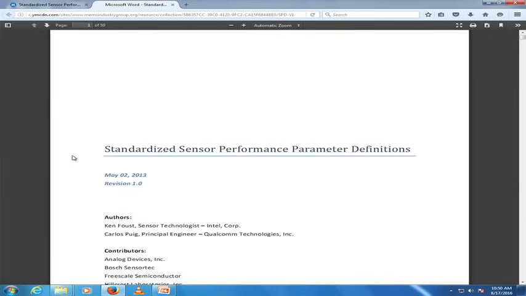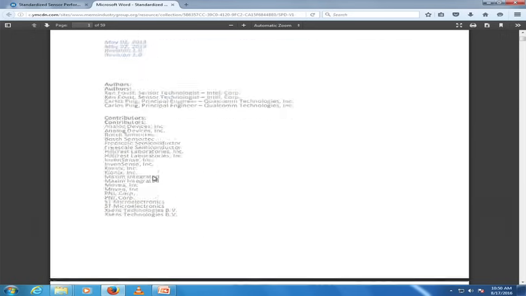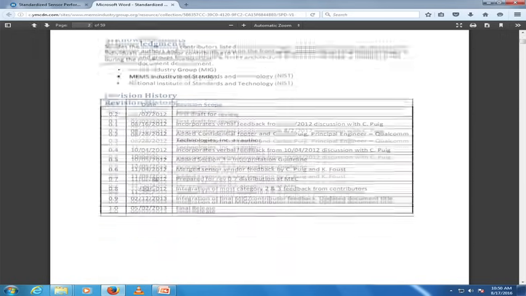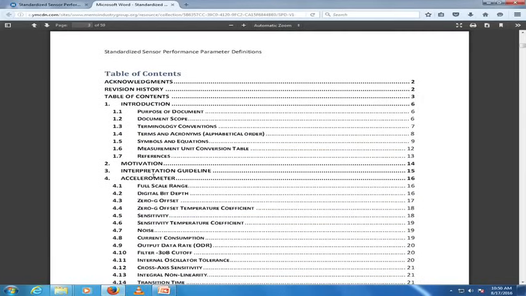A consortium has been formed, and that consortium has decided on this. You will see that for the different parameters, for different types of sensors, what are the things that are required to be known. Here you see that these are the first drafts and so on.